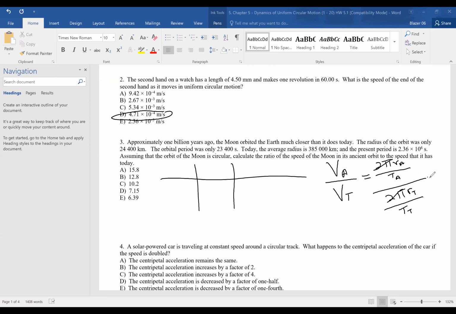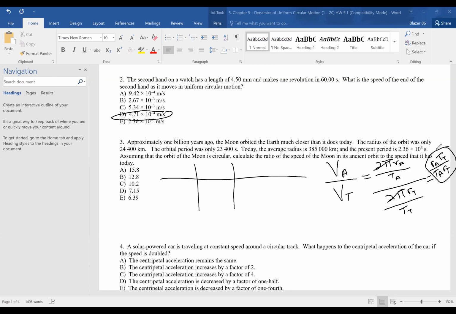So we're going to have the ancient radius divided by the ancient period, and then this moves to the numerator, so we have today's period, and in the denominator today's radius.